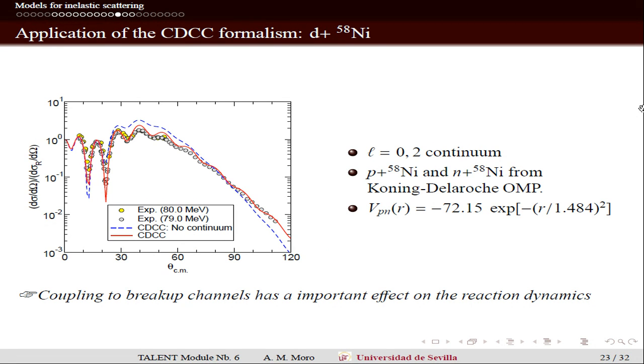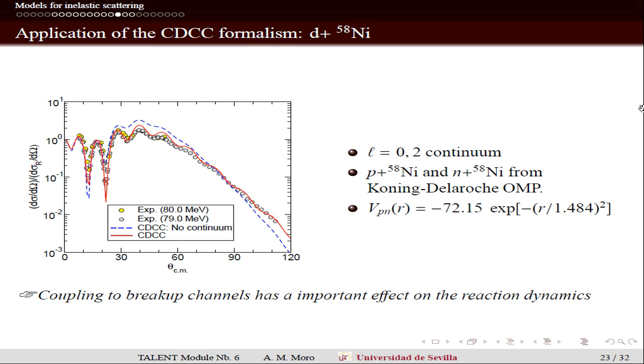This is the end of the story of the deuteron that we left without a satisfactory solution. Remember, we had a calculation with this Watanabe potential, labeled here as the no-continuum calculation, that overestimated the data. Now, including the continuum with these properties, here we are including L equals 0 and 2. These are the potentials that I used for this particular calculation, so you can try to reproduce this.